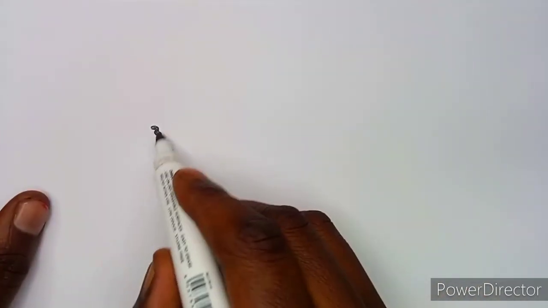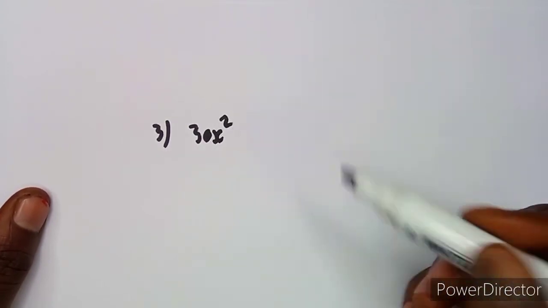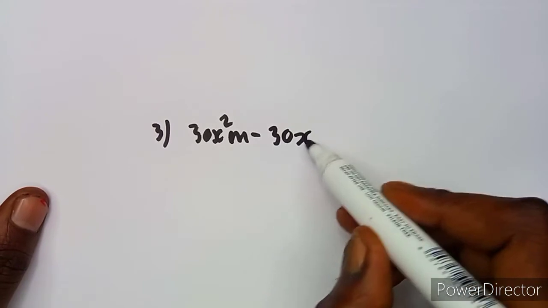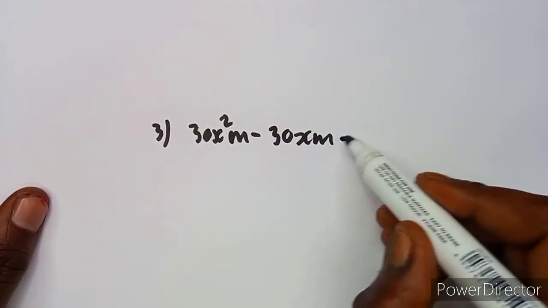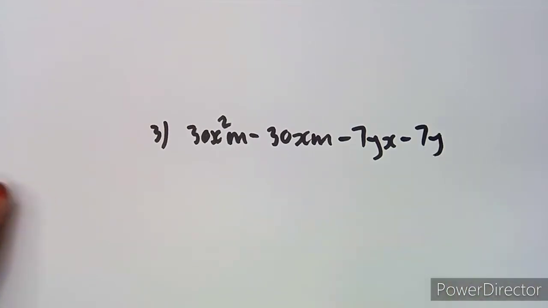Okay, so let's just try and work some questions, guys, and see how they ask these questions. Another one we are given. Alright, this is on number 3, where we are given 30x squared m minus 30xm minus 7yx minus 7y, like this.